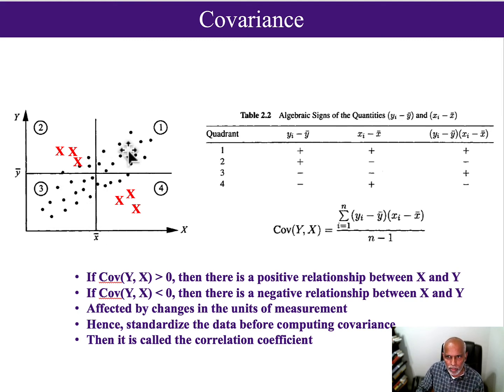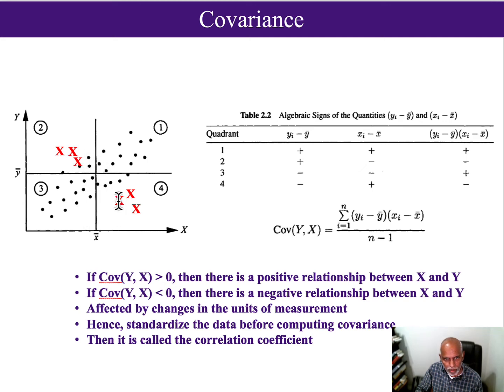So here it is positive. Here y minus y bar is positive and x minus x bar is positive, but here y minus y bar is again positive while x minus x bar is negative.